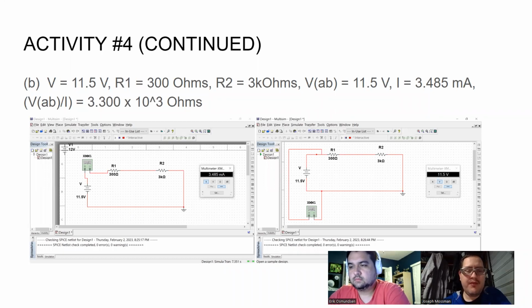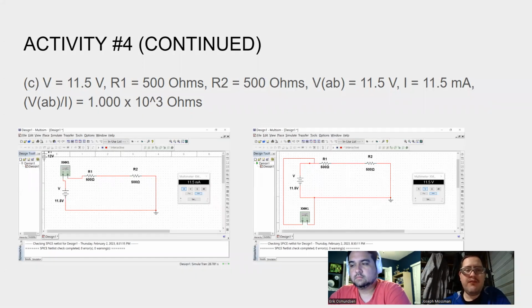Section B, V is also 11.5 volts, R1 is equal to 300 ohms, R2 is equal to 3 kilo ohms, VAB comes to 11.5 volts, I is equal to 3.485 milliamps, and VAB over I is calculated at 3.3 times 10 to the third ohm.